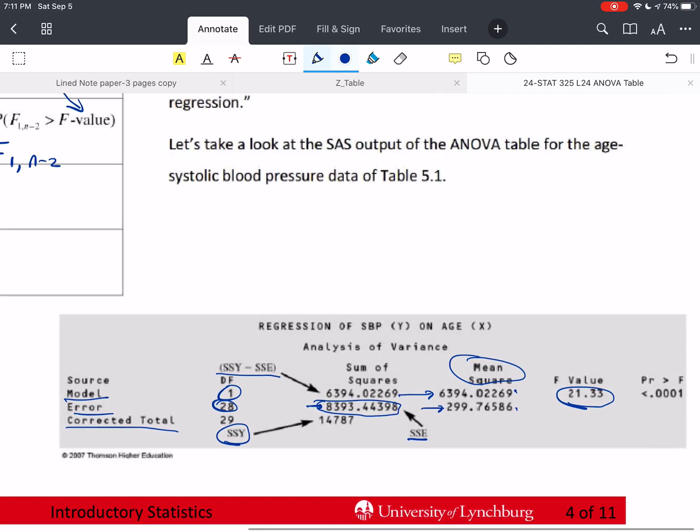And in this case, the probability that F would be greater than this under the null hypothesis, which is that the model is not significant, is less than 0.0001. So this is highly significant. That means the model is highly significant because this is such a small p-value.